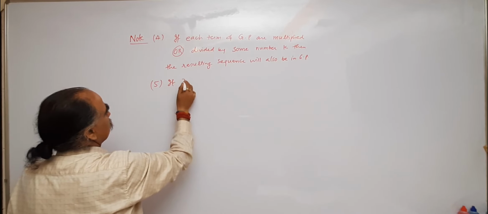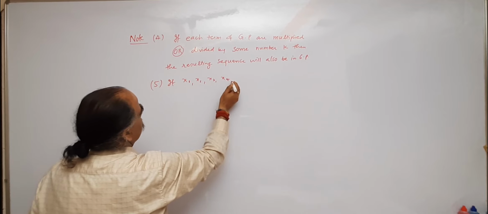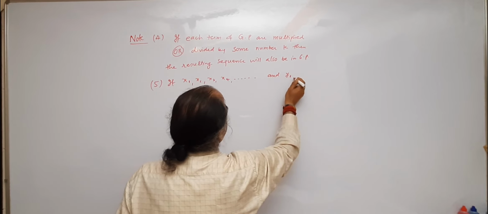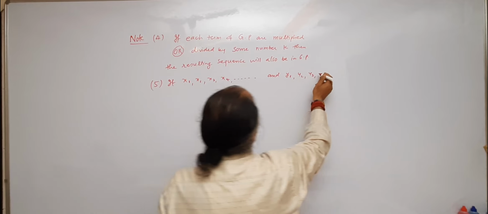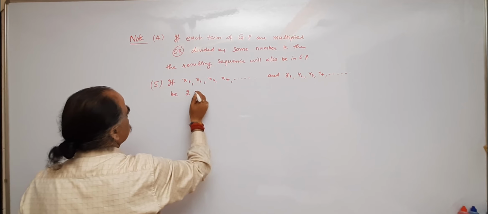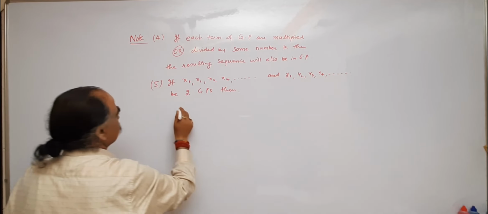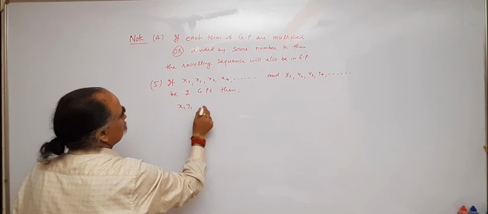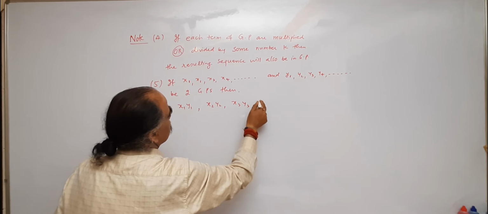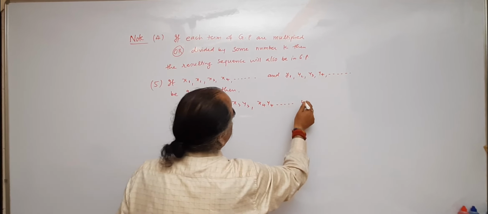If x1, x2, x3, x4 ... and y1, y2, y3, y4 ... are two GPs, then x1 y1, x2 y2, x3 y3, x4 y4 will also be in GP.